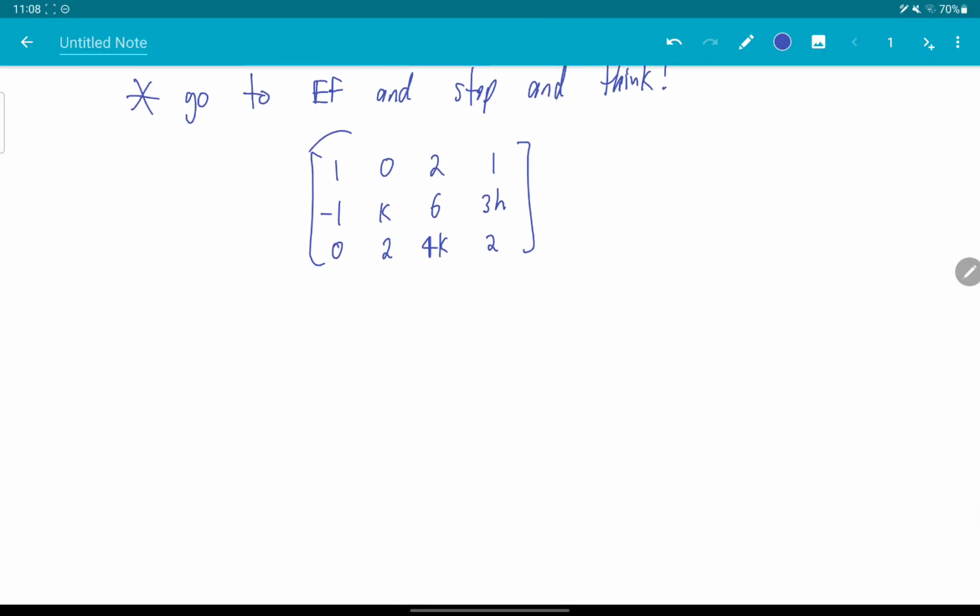So I'll create zeros below this guy as my first operation. So what's the operation? Let's see. The first operation is row 2 plus row 1. 0, K, 8. And here I get 3H plus 1.